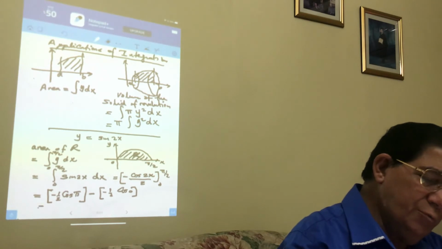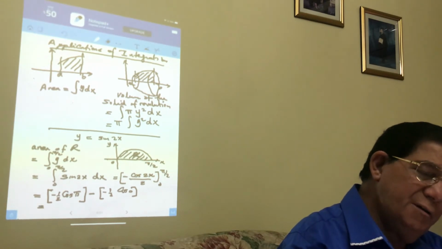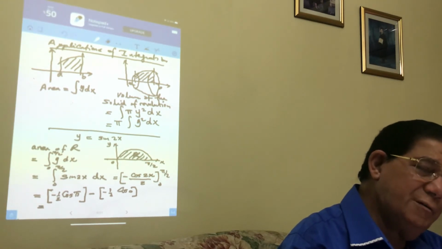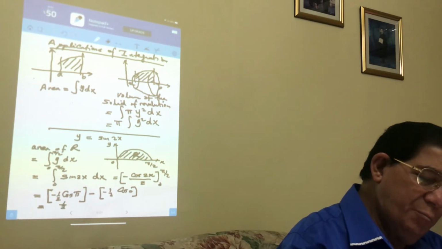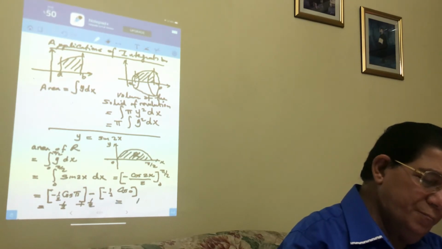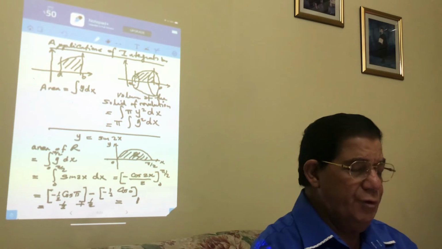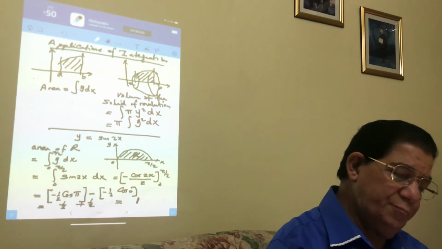Cosine pi is negative 1, so this is half, plus half. The answer is 1. Therefore, this area is 1.